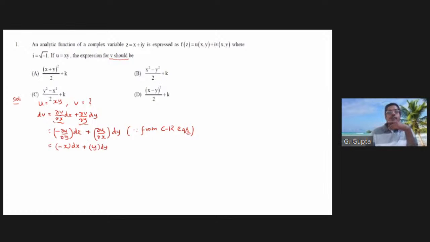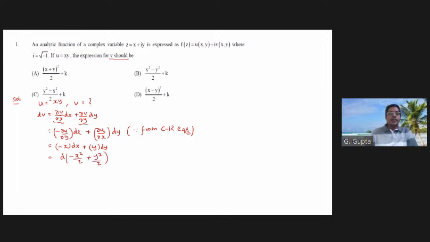Now this looks like variable separable, or just like in vector calculus and differential equations, whenever the left hand side is the derivative of some function v, the right side you should express as the derivative of some other function. After integrating, both derivatives get cancelled, and you will be getting the answer. So x dx is the derivative of x square by 2. So d of minus x square by 2 plus y dy can be written as derivative of y square by 2.